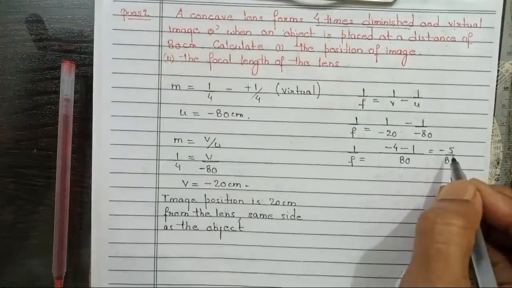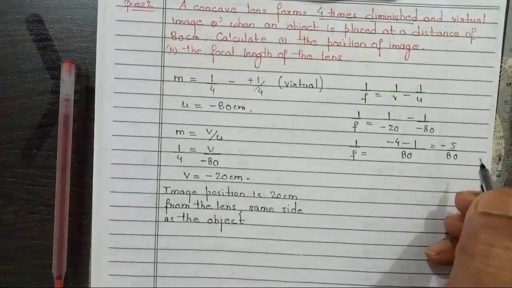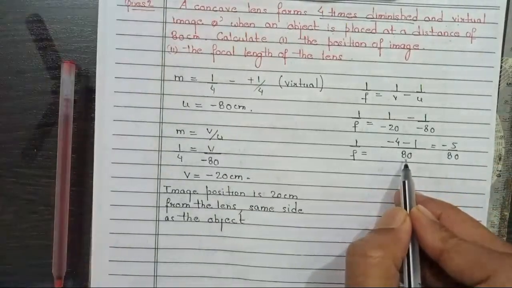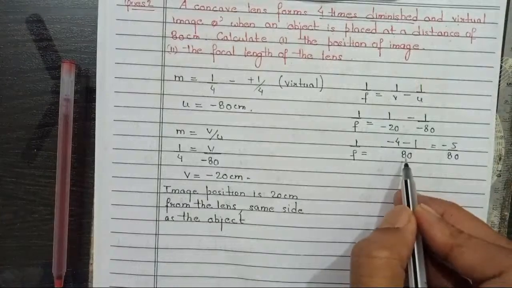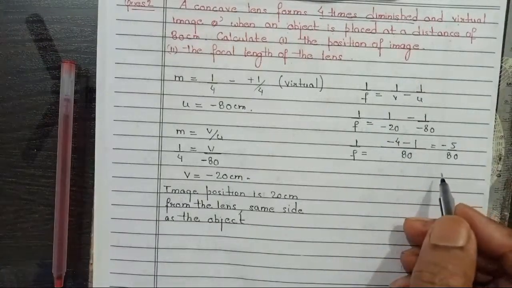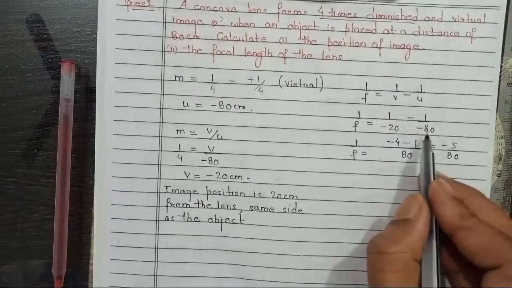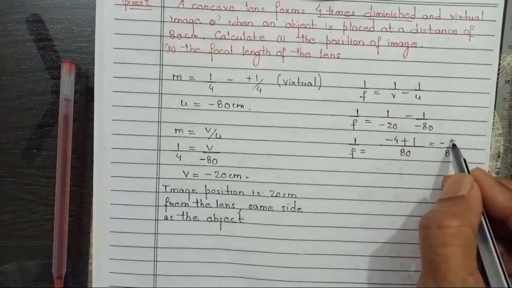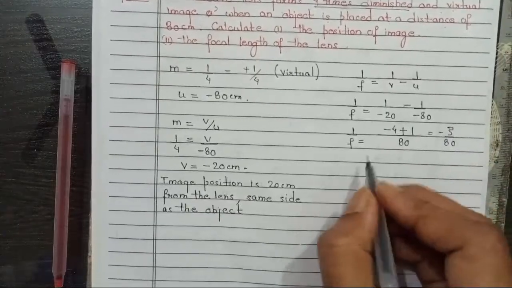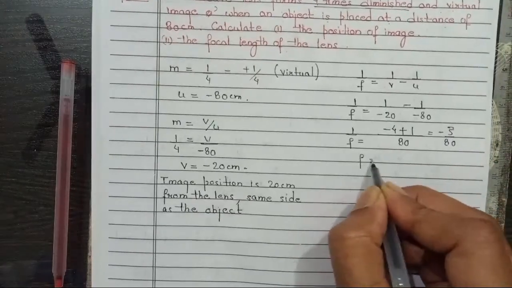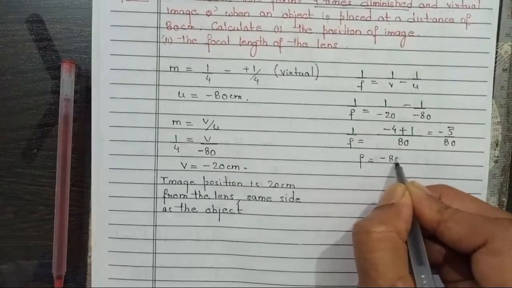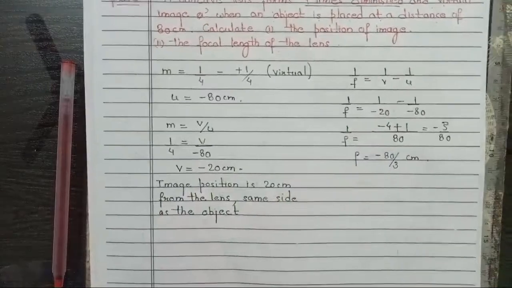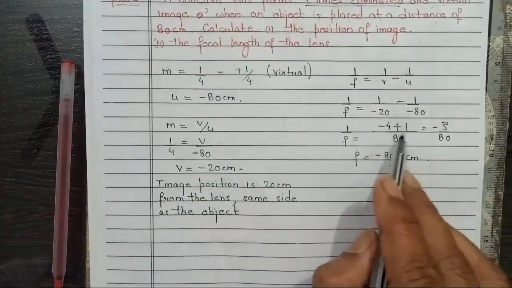So when you simplify it, 20 will go 4 times in this. And now see, this will become minus plus, so this will be minus 3 upon 80. So f will be minus 80 by 3 centimeter. So we have got the focal length.